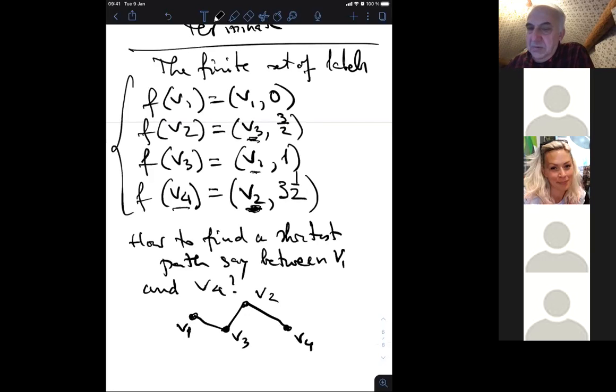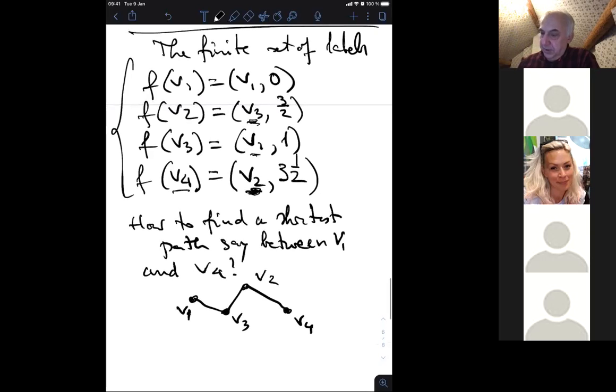So in this algorithm, I'm not just creating the set of distances, but I'm also creating, a little bit implicitly, the way to create my shortest path between a given initial vertex v1 and any final vertex.